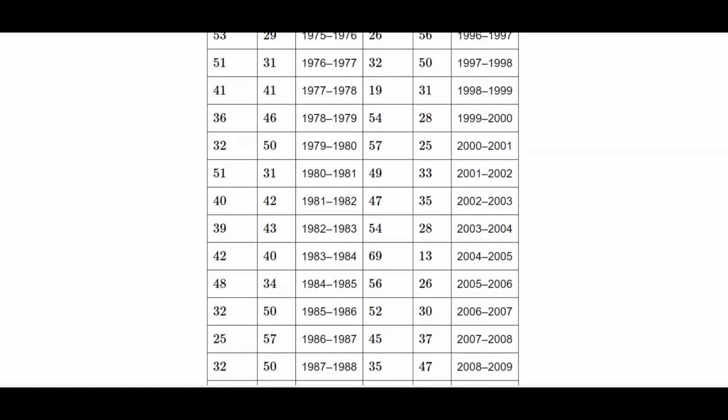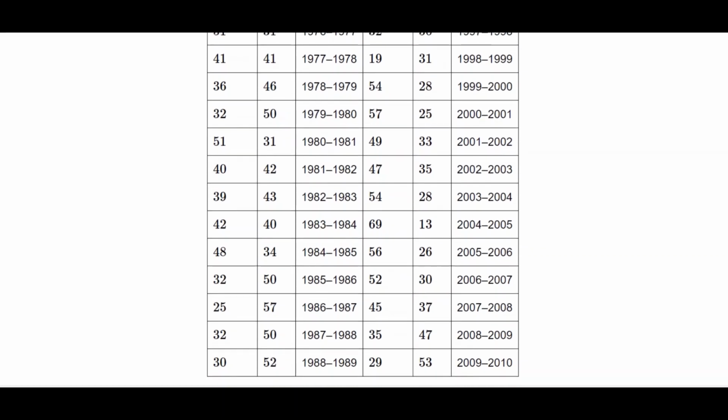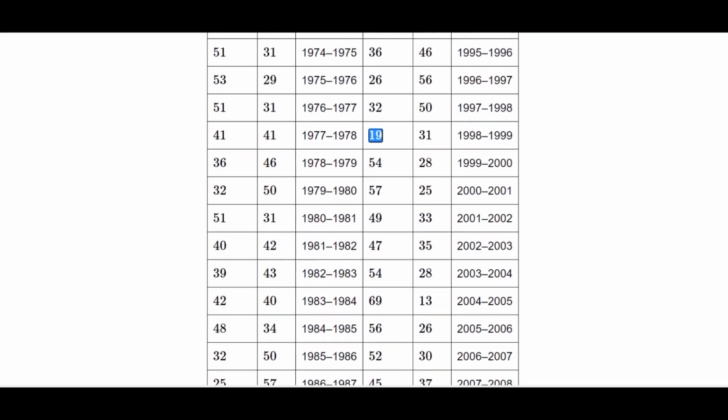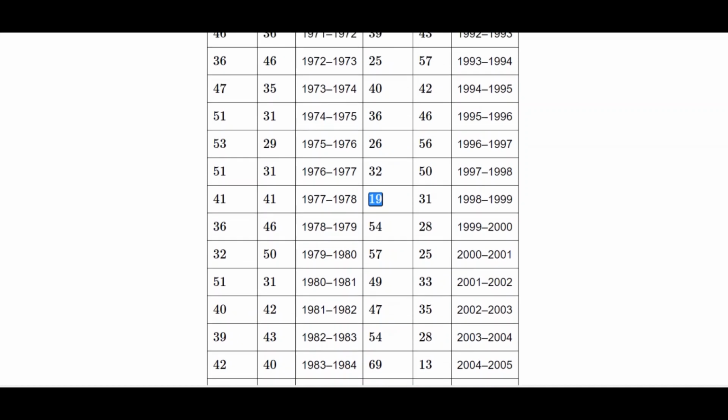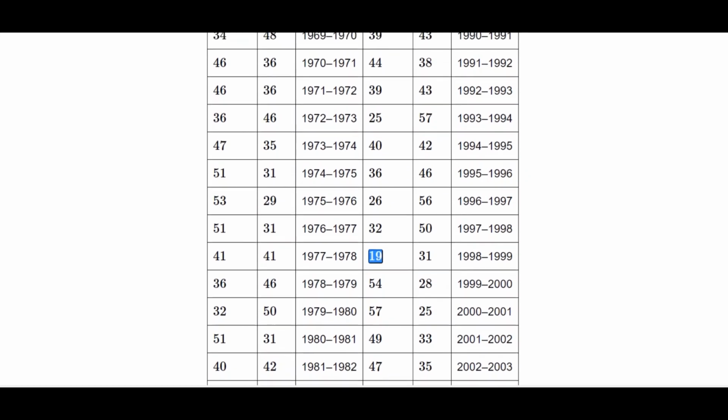And I see that the minimum number, for example, in these columns, the minimum number is 13, which are the wins, and the minimum number of losses is 19. Okay, is there any number bigger than 13 or 19 or in between them?